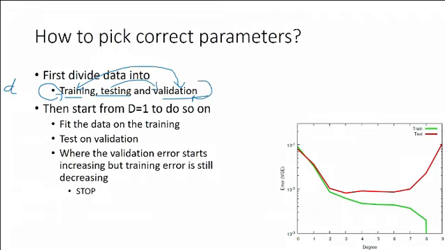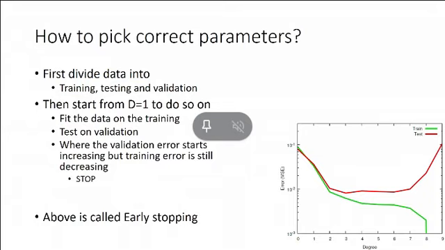Then you keep changing your D until the training error is low and the validation error is also low. If you increase D, the validation error starts to increase, but the training error keeps decreasing or remains the same. This is called early stopping.